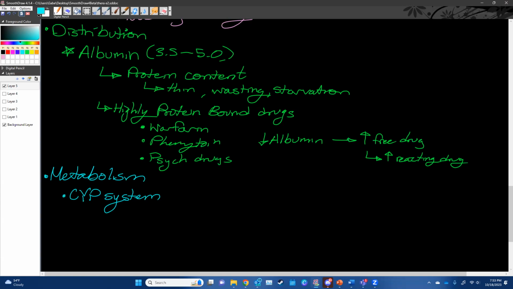There are two big factors for changing the CYP system. The first is inhibition, which is way more common, and the second is induction.